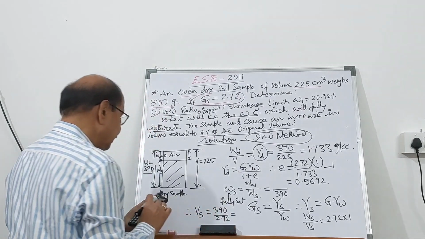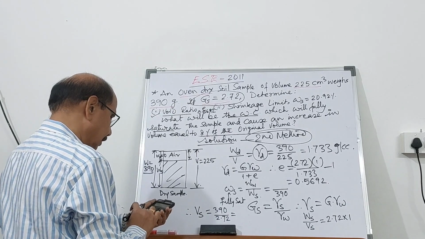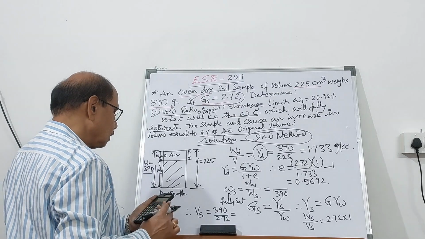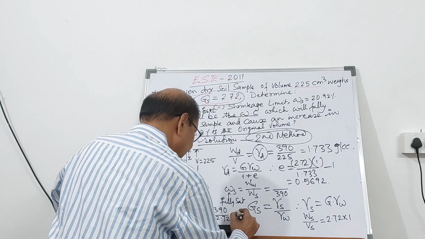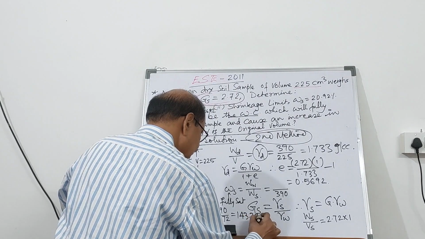So if you calculate it, 390 divided by 2.72 is 143.38 cc.